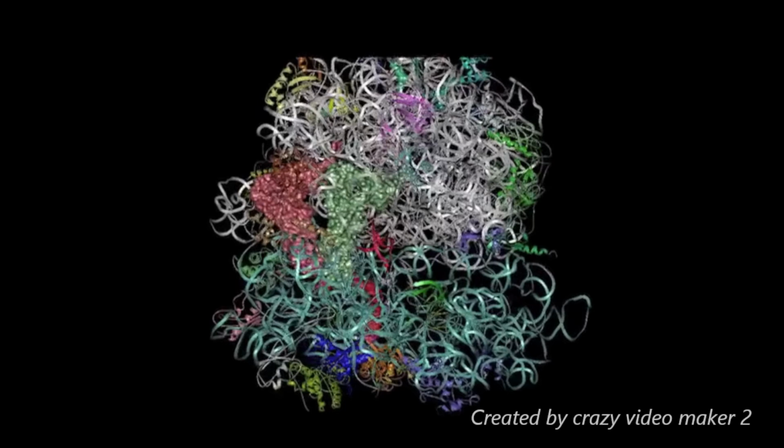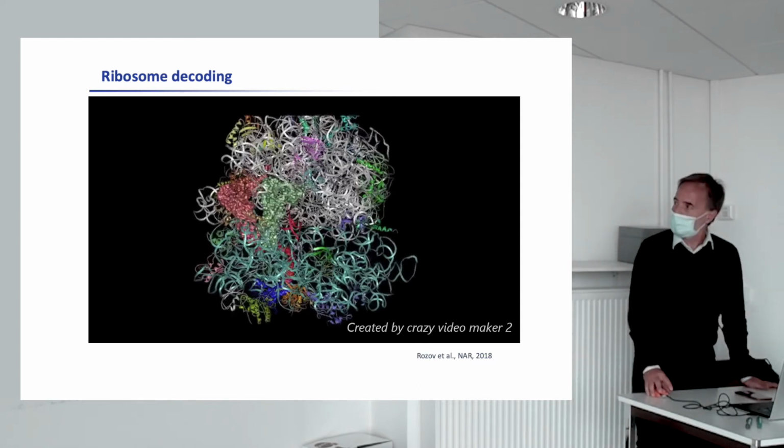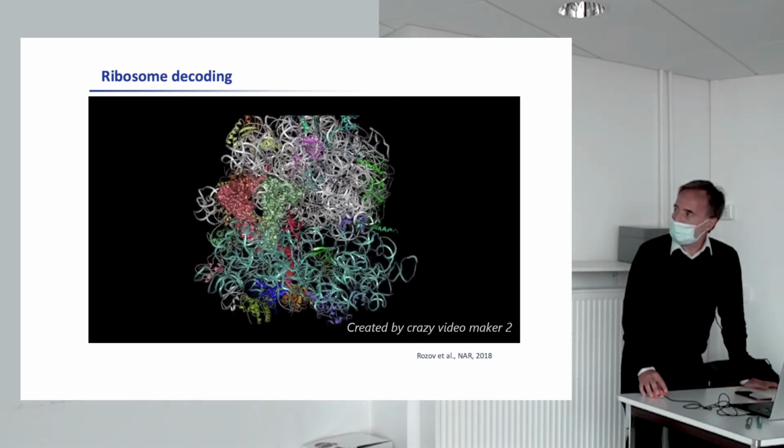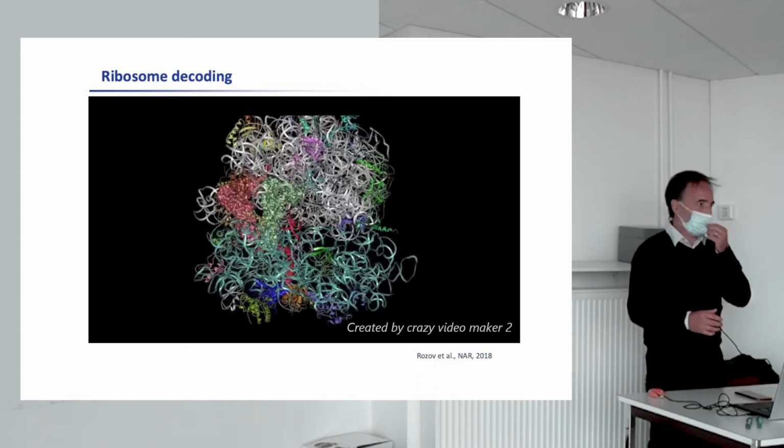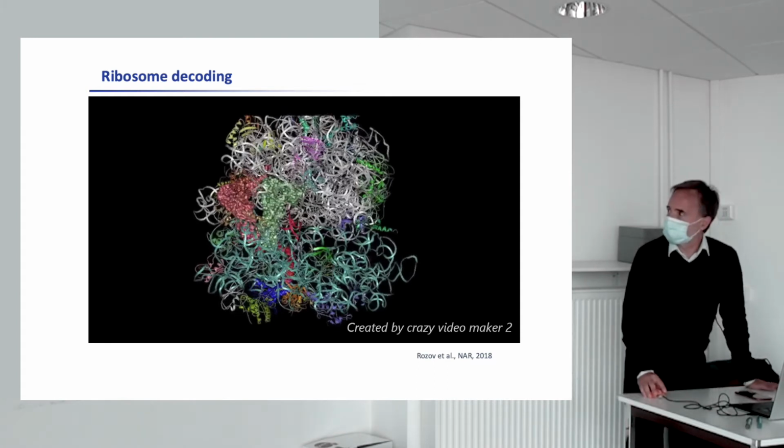This is the E site tRNA, so it is a deacylated tRNA ready to leave the ribosome. This is the P site tRNA, to which is attached the peptide that is forming into the exit tunnel of the 50S subunit.